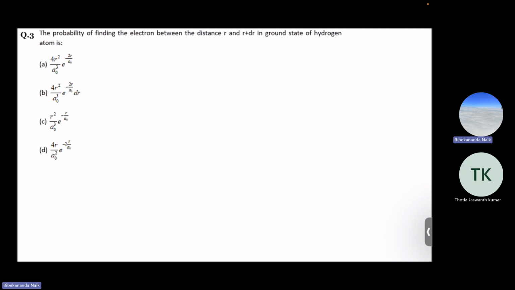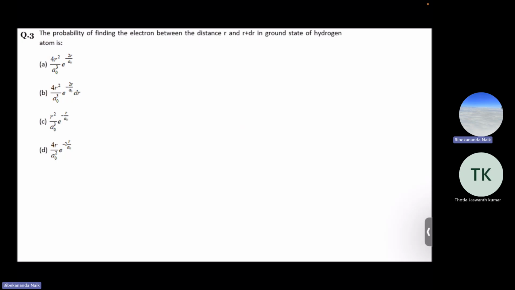Question number 3 says: the probability of finding the electron between the distance r and r plus dr in the ground state of hydrogen atom is, options are option A 4r square by a0 cube e to the power 2r by a0, option B 4r square by a0 cube e to the power minus 2r by a0 dr, option C r square by a0 cube e to the power minus r by a0, or option D 4r by a0 square e to the power minus 2r by a0.